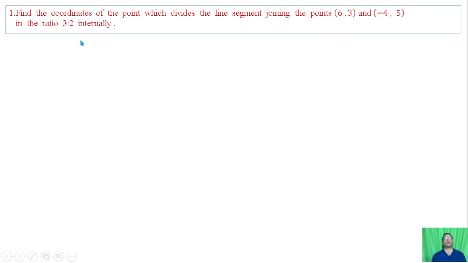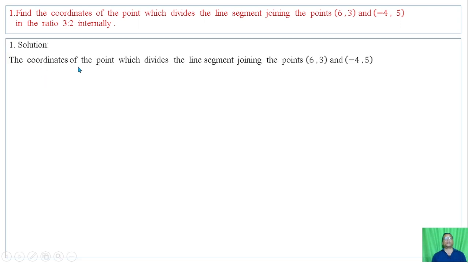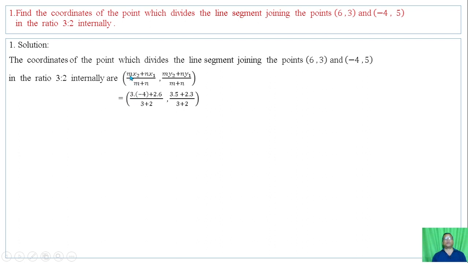The coordinates of the point which divides the line segment joining the points (6, 3) and (-4, 5) in the ratio 3:2 internally, we have to use this section formula, putting their respective values here. m is 3, n is 2, x1 is 6, x2 is -4, y1 is 3, y2 is 5. Putting their respective values and summing up, we get (0, 6 by 5).